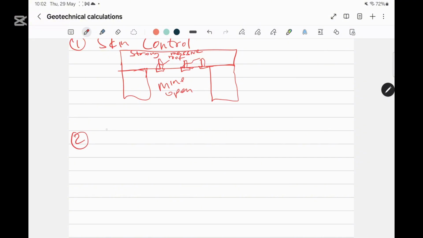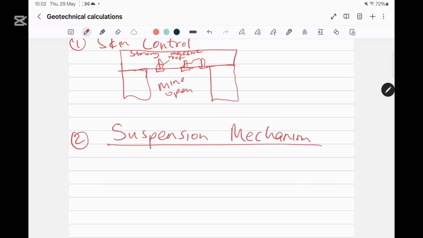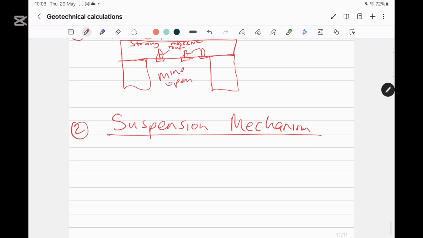So number 2, we have suspension control, which is what we'll be focusing on more, the suspension mechanism. With the suspension mechanism, you have a strong rock unit overlying, sitting on top of a soft laminated rock.